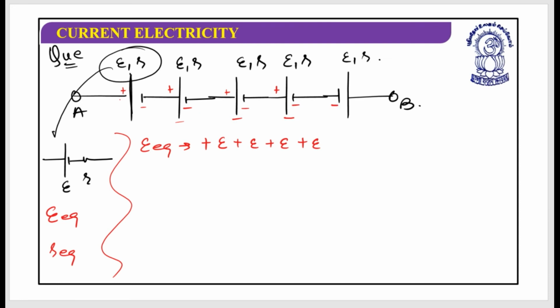But here negative has been connected with the negative, so this is minus E. So it equals E plus E plus E plus E, which is 4E, minus E, which is 3E. And my R equivalent will equal R plus R plus R plus R plus R, which is 5R. I hope these things are clear.